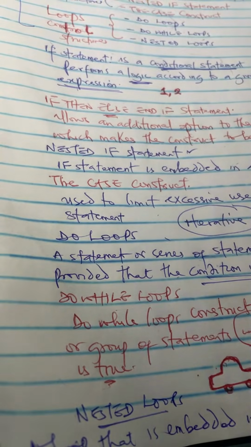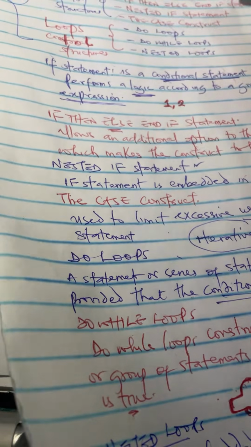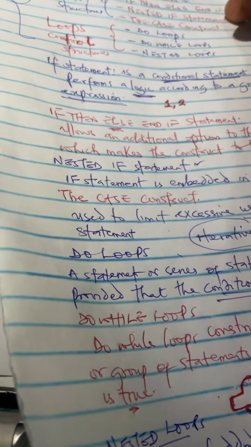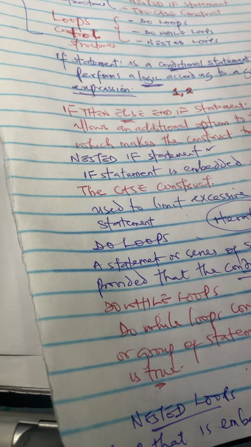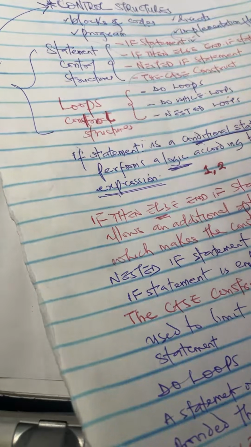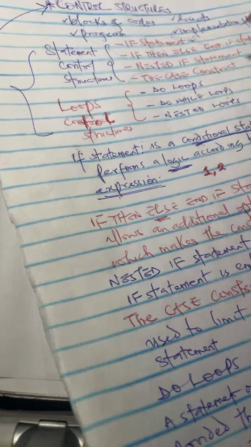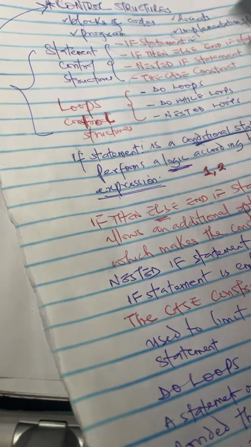So don't forget I said if statement is a conditional statement that performs a logic according to a given logical expression. If-then-else is when there is an additional option added to the if statement to make it more flexible. Now the nested if is when one if statement is in another if statement.